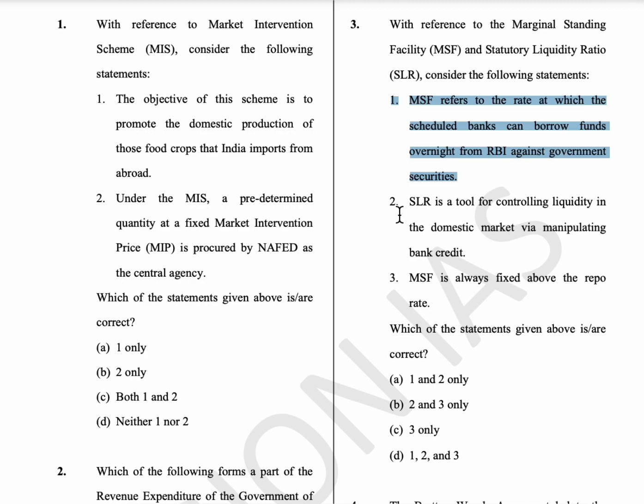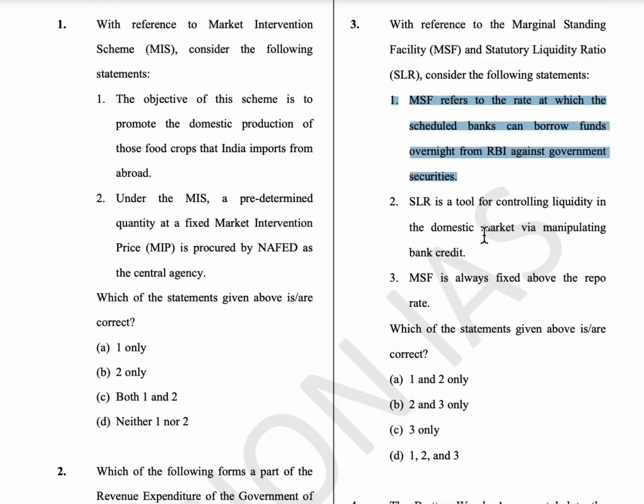This is also correct. Statutory liquidity ratio is the liquid money that the commercial banks have to maintain in their account. So read it once again: SLR is a tool for controlling liquidity in the domestic market.